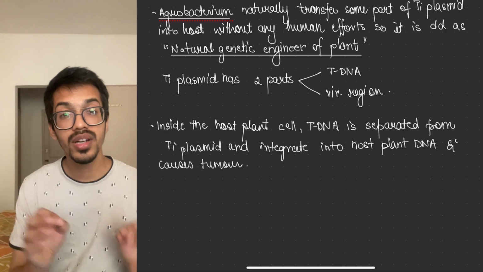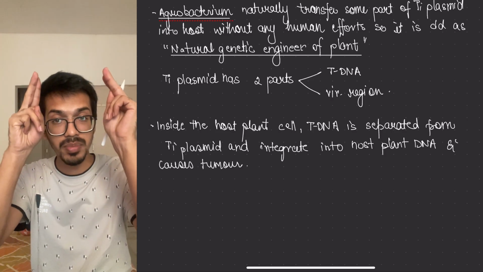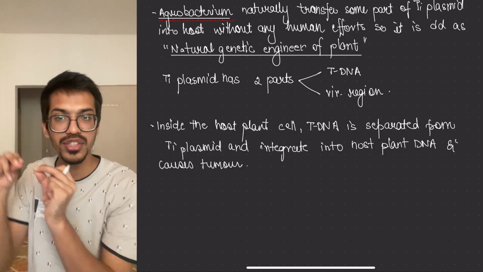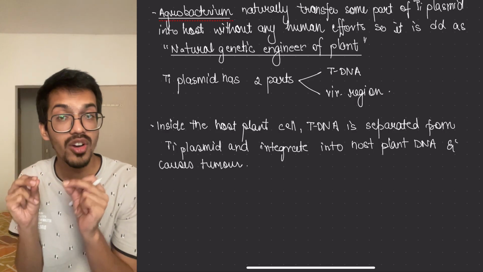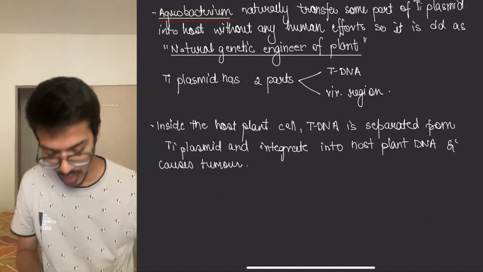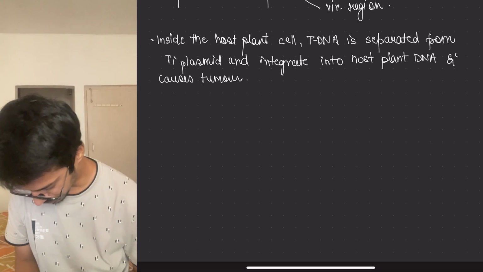So we understood what that T-DNA will do. It will cut from the plasmid itself and go and attach to the DNA of the plant cell. This is the T-DNA. What about the vir region?